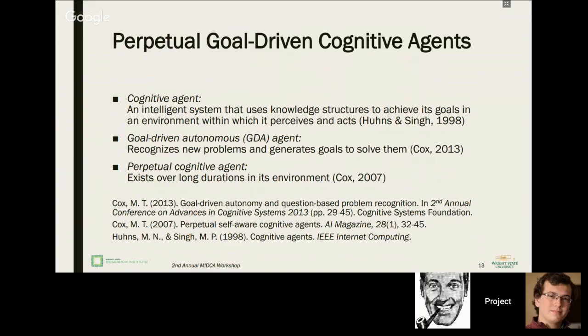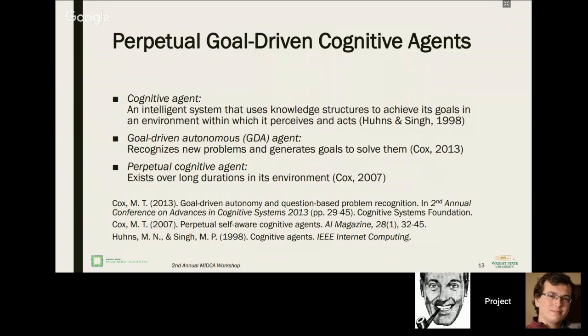And then goal-driven autonomy. There's a real commitment to what we call here goal-driven autonomy, and more broadly goal reasoning in the MIDCA community. I think this is one of the places where it started. One of the foci of the metacognitive architecture, MIDCA, is that we don't just wait to be told.